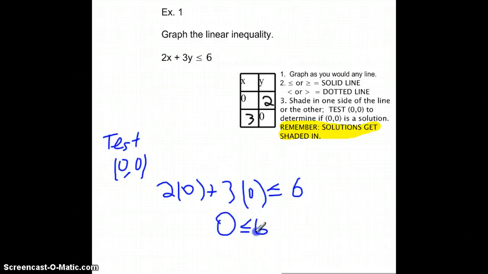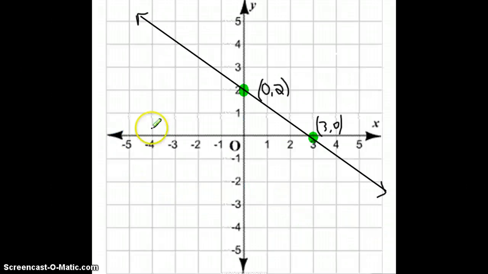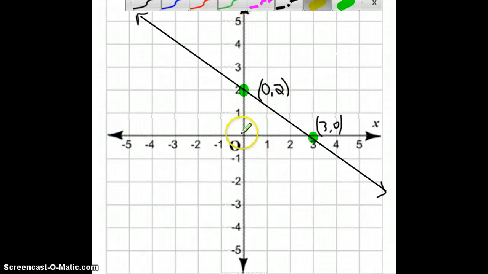Well, is 0 less than 6? Absolutely, that's true. So that means the point 0, 0 is a solution. Here's our point 0, 0. That is a solution.